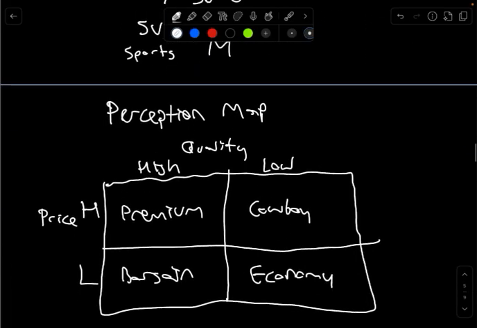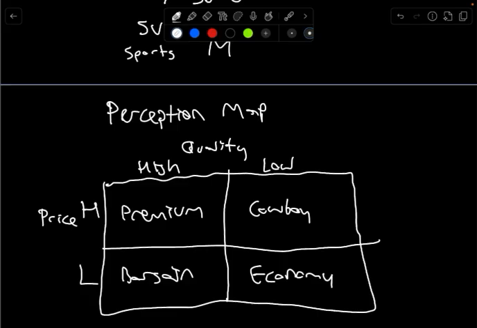And then we have a tool that we will use, the perception map, and you may also see the perception map called the position map. They are exactly the same thing, just with a different name.